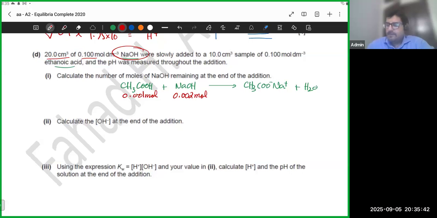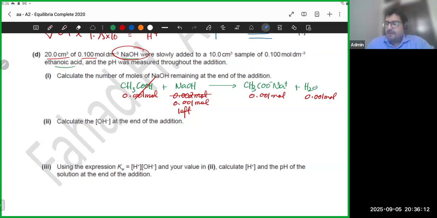But it's not a buffer, because if these two react, the ethanoic acid is going to completely react. One will react with one. There would be NaOH still left. So half of it would still be left. And 0.001 will react with 0.001, and it's going to produce 0.001 moles of this and 0.001 moles of this.